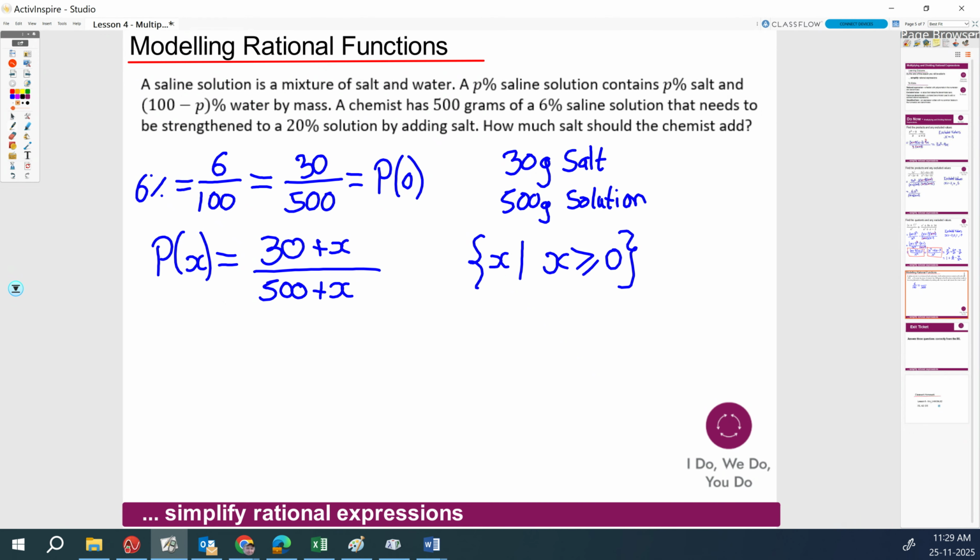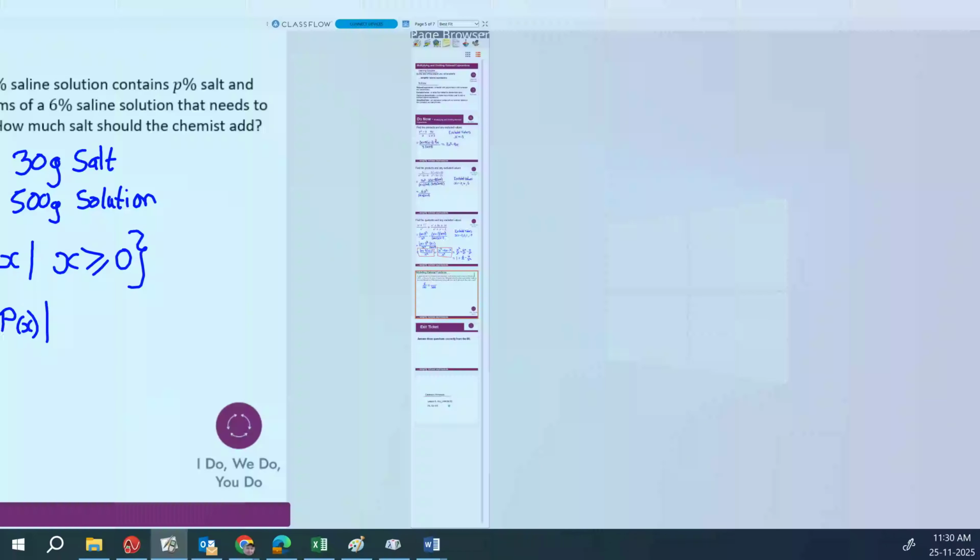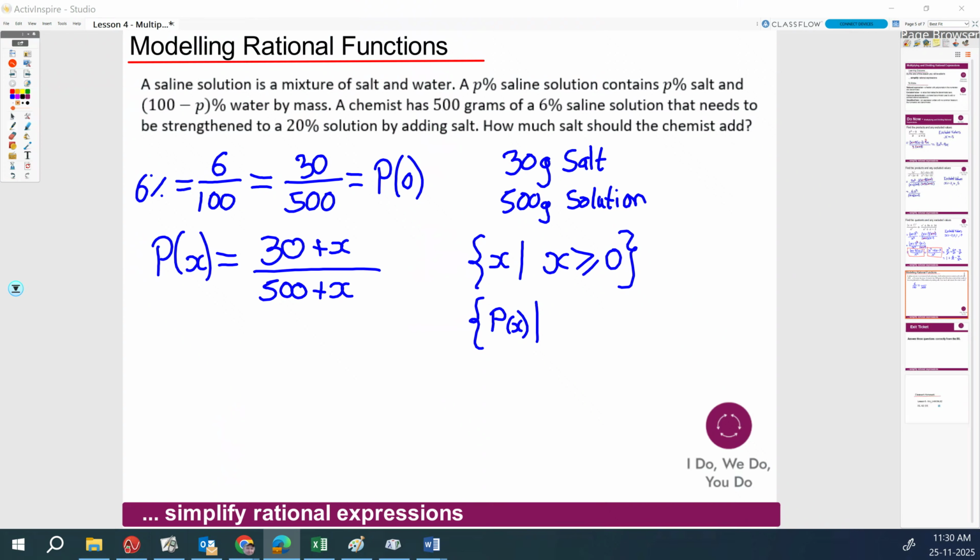What is the range of values? Opposite of the domain. Is it 30?